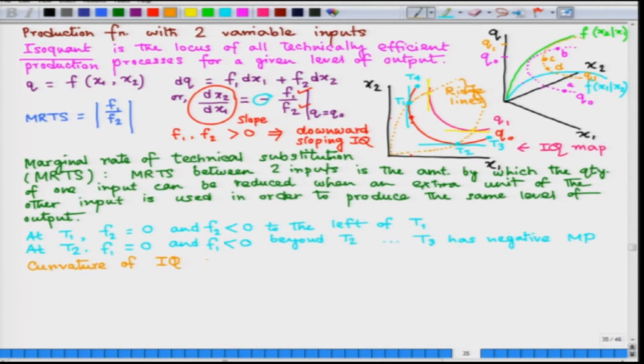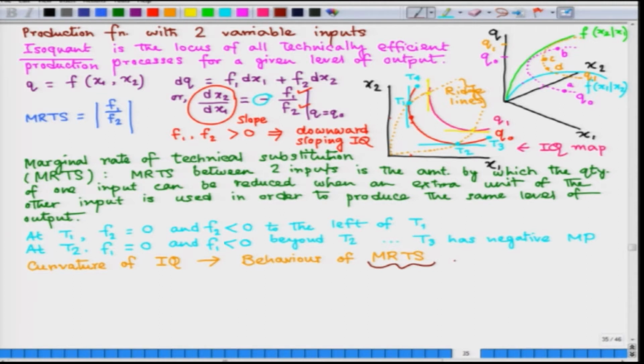We have to talk about the behavior of MRTS. That means whether it increases or decreases with respect to one input. Say we are increasing one input x1, then what happens? Now what does this MRTS actually give?